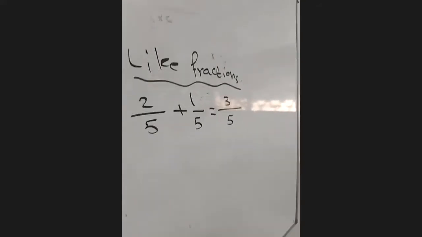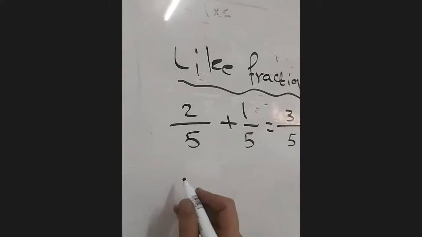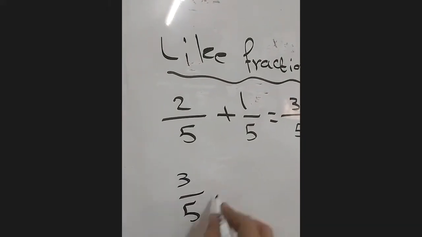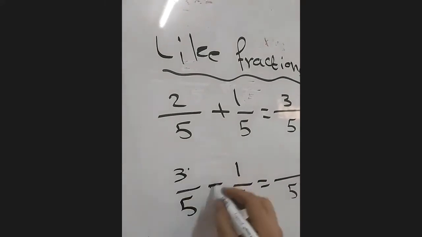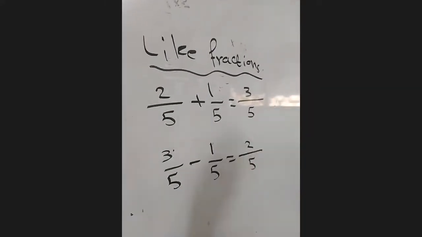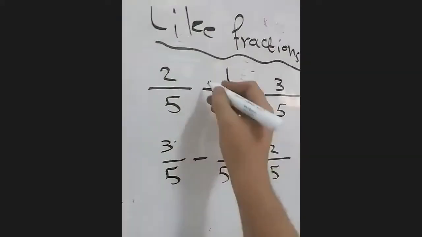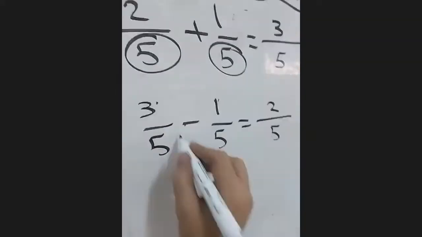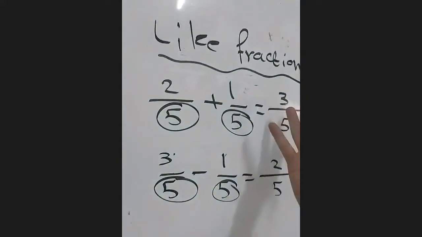And we subtract like fractions, like 3/5 minus 1/5, down we put 5, and we subtract up to get 2, then we simplify. This is what we did in the previous lessons. Like fractions means the denominators are equal, okay?